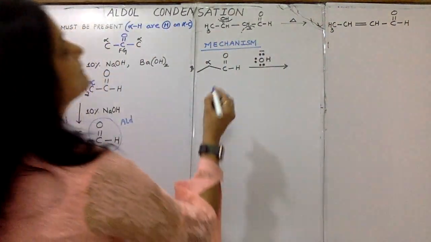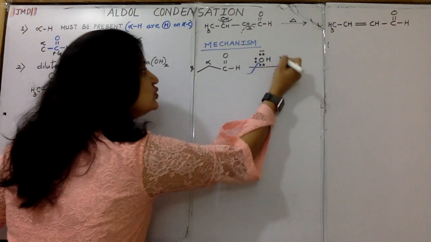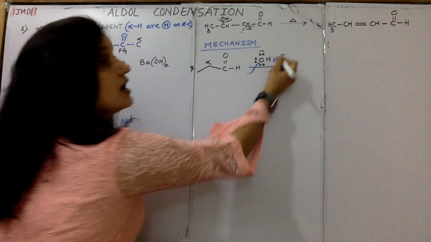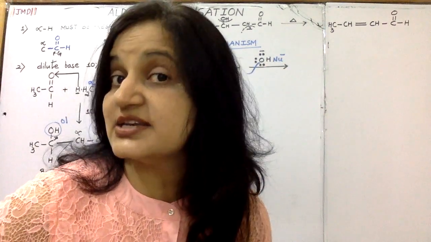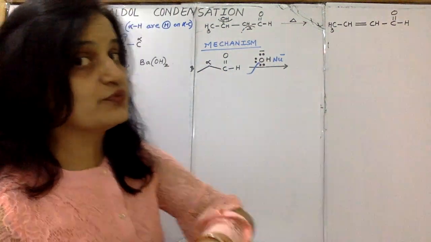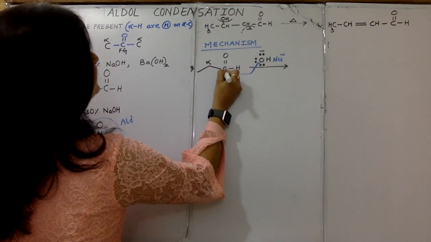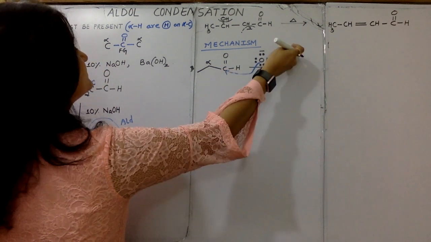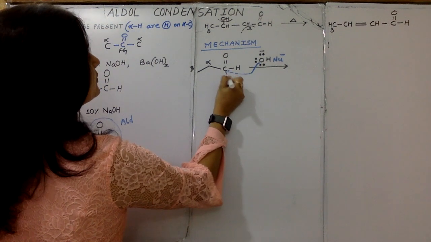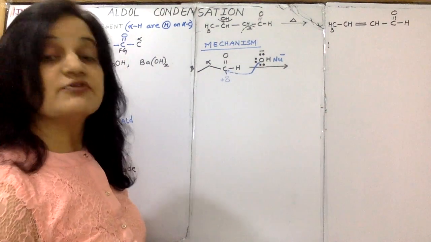Let us see. Suppose hydroxyl ion behaves as a nucleophile, then it will attack the electropositive carbon. A negative anion will attack the electropositive center.